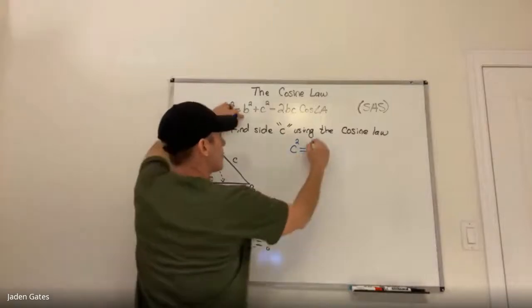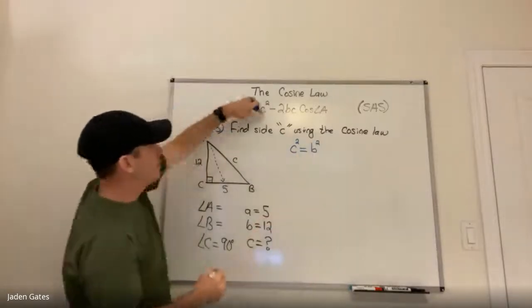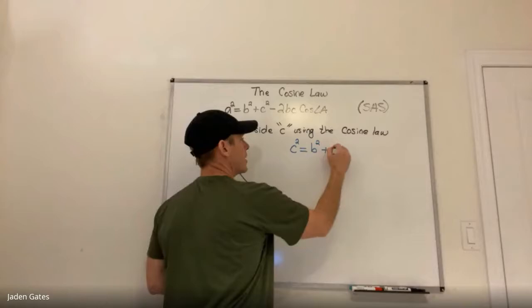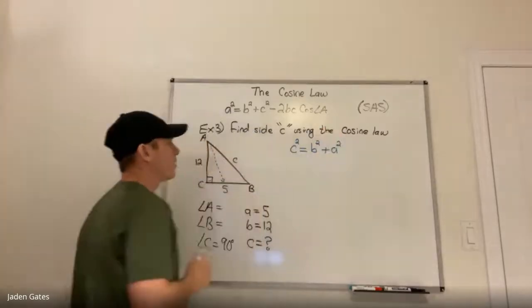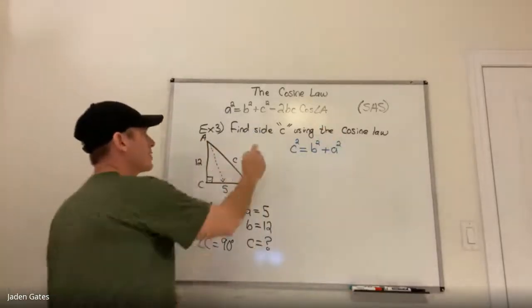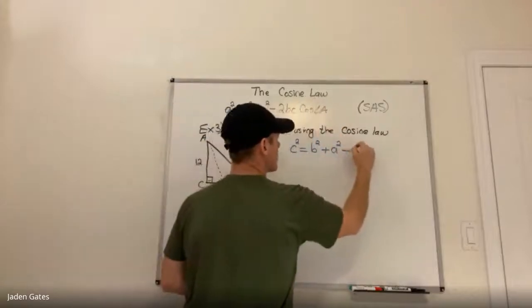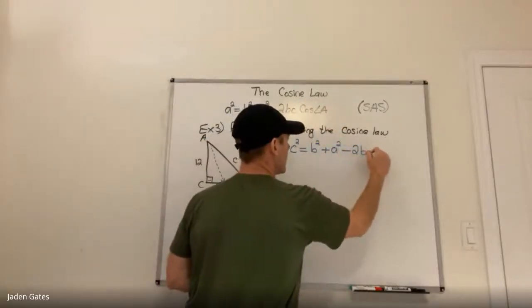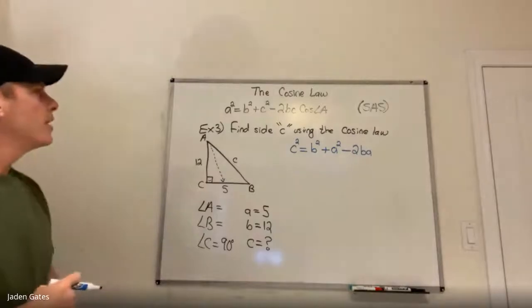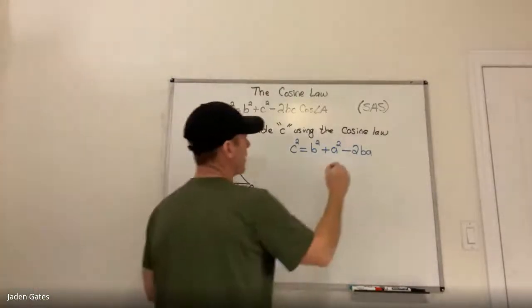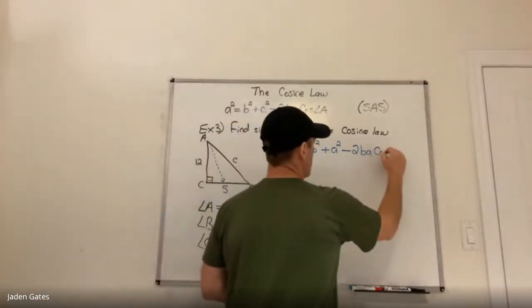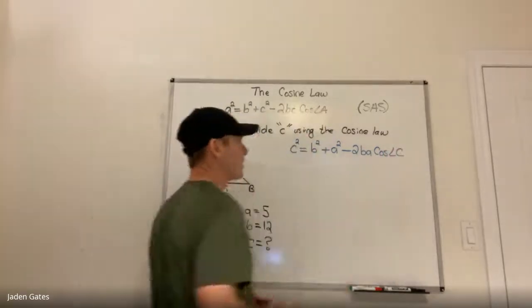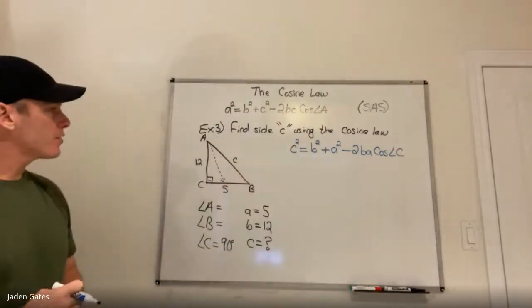B's I'm not touching, so that's still a B squared. Plus A squared, since I'm switching A's and C's. Then the second part says minus 2BC, so it's going to be minus 2BA, because A's and C's are switching. And of course, the last part, instead of multiplying by cosine angle A, I'm going to be multiplying by cosine angle C. All right, so there's our formula.